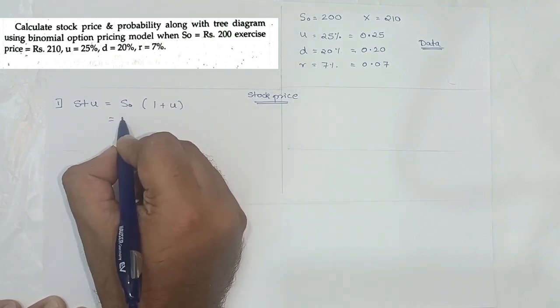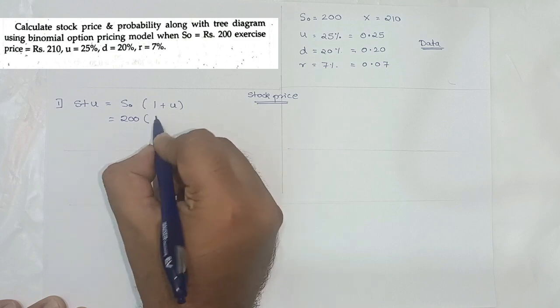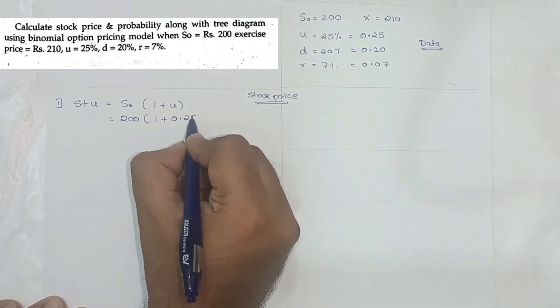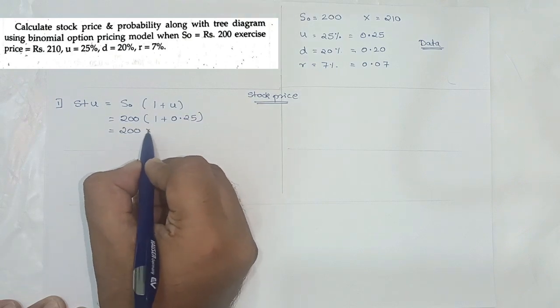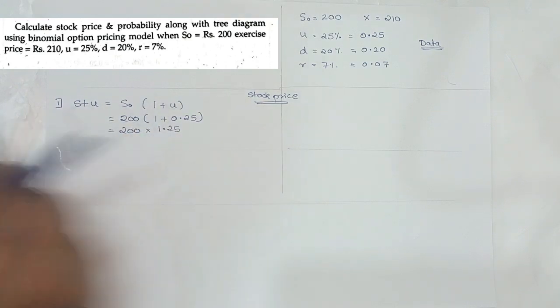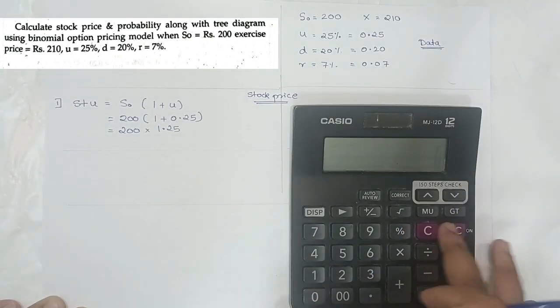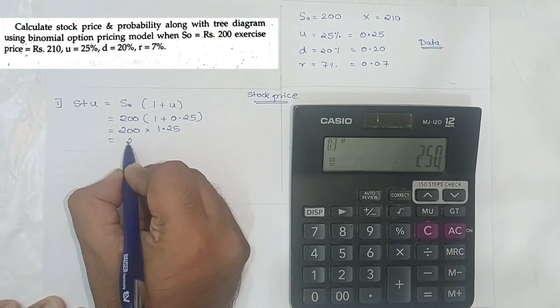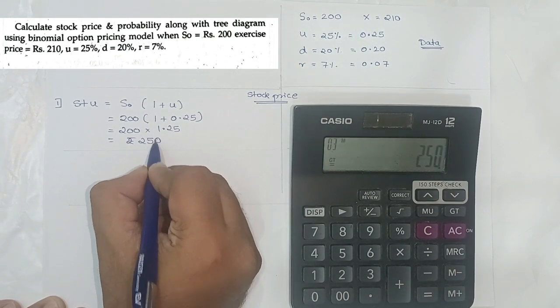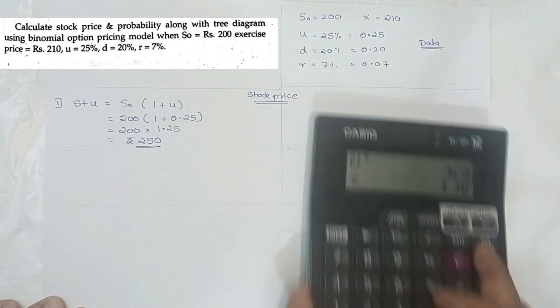So spot rate was 200 into 1 plus 0.25. The upswing is 0.25. So this is nothing but 200 into 1.25. On the calculator, when we multiply, we get the value as rupees 250. So during upswing, the stock price will become 250.